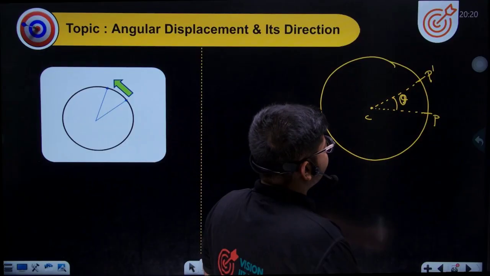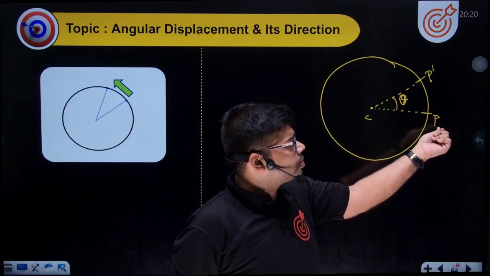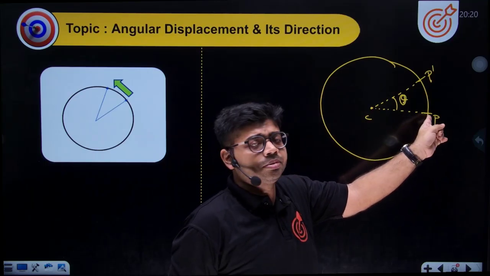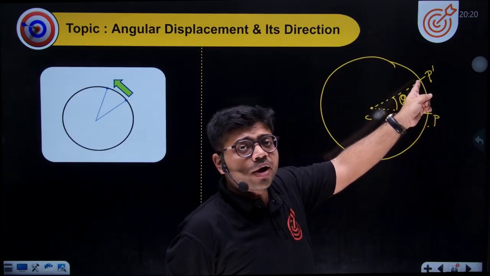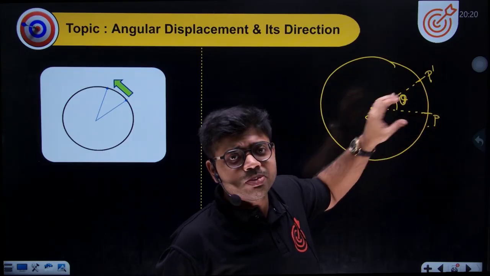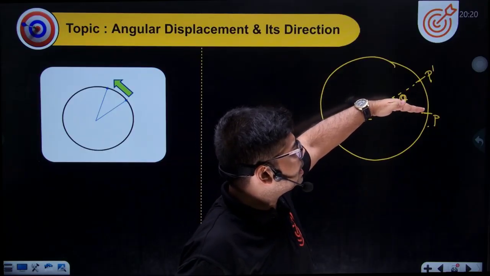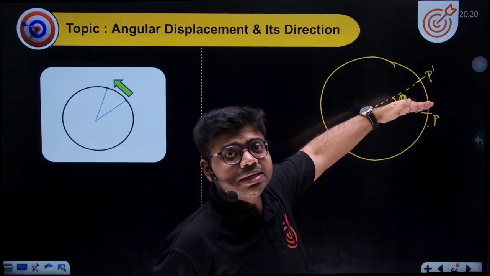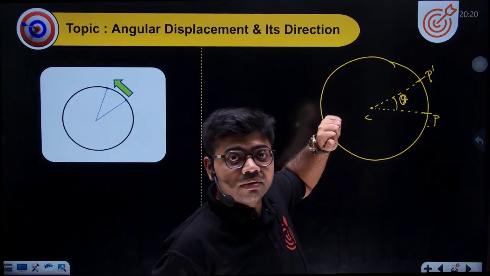At time t equal to 0, this particle was at point P, and at time t equal to t, this particle has gone to point P dash. So what is the net displacement of this particle? The net displacement of this particle is nothing but the angular displacement, which is measured by this theta only, right?